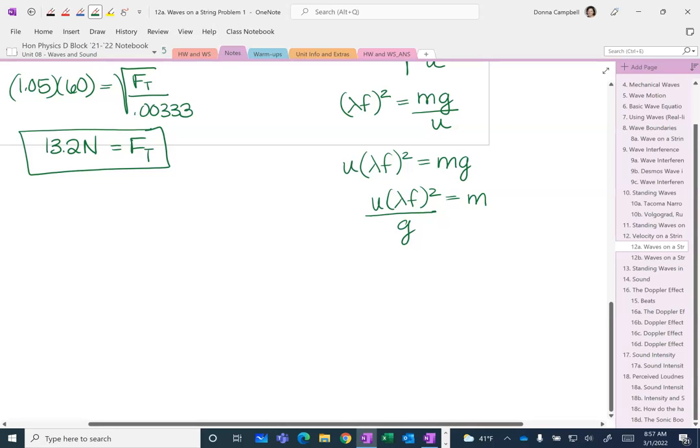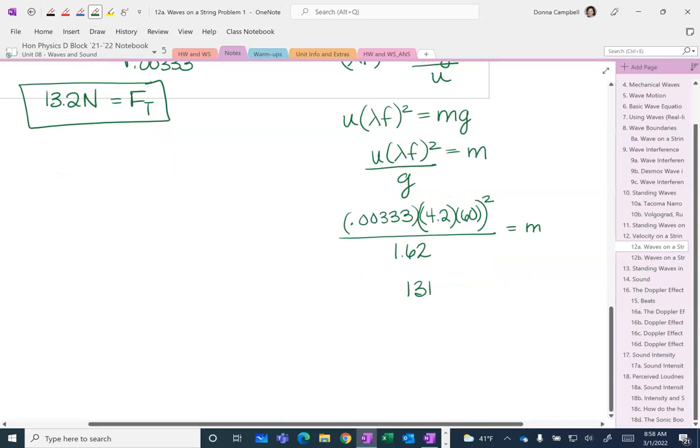And let's plug in. The u is 0.00333. The lambda is 4.2. The frequency is 60. I'm about to forget to square. Squared all over 1.62, and that equals the mass. Math, and we get 131 kilograms.